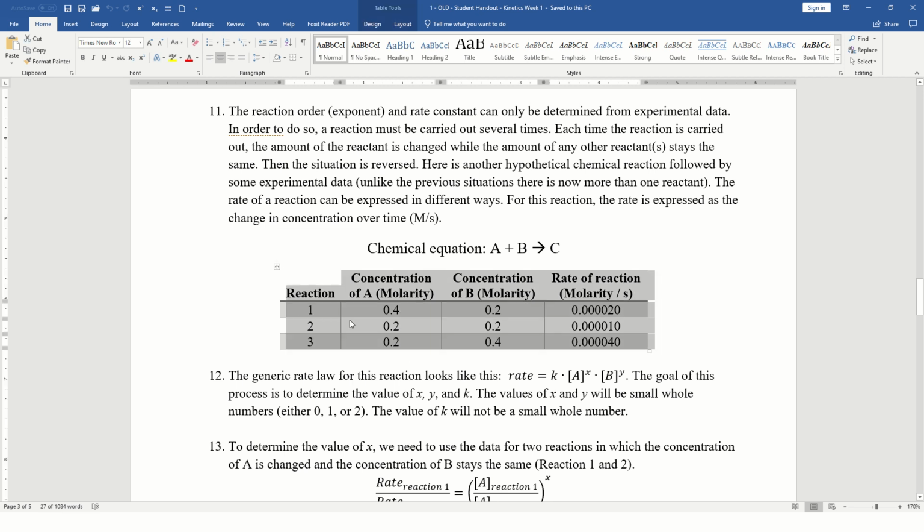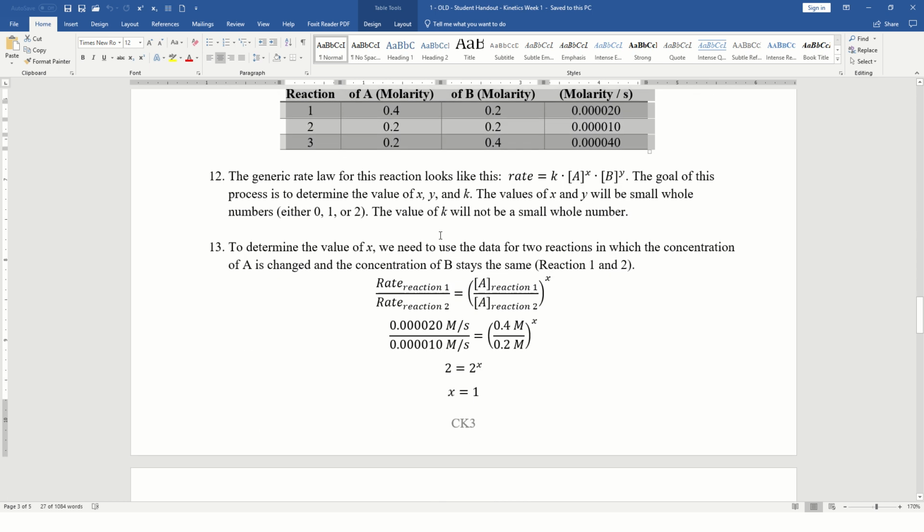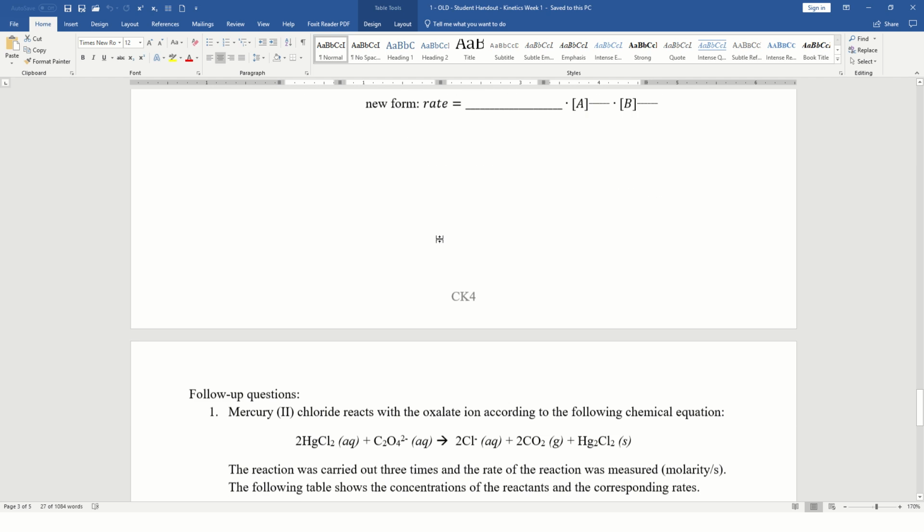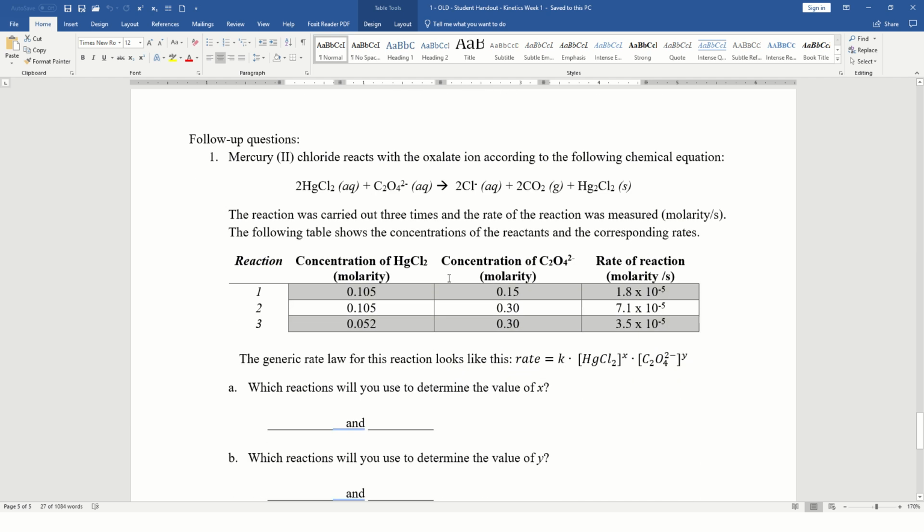And that's what's important to know about these types of calculations is in order to get a rate law and determine the values of the reaction orders, you have to actually carry out the reaction. So what this is going to do is walk you through an example, and the follow-up questions are simply going to be you following an example like that.